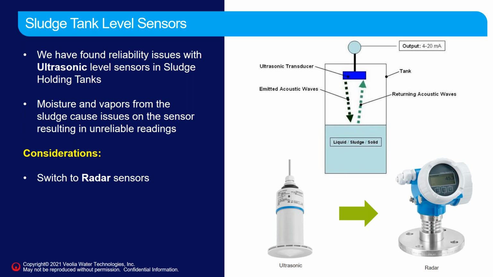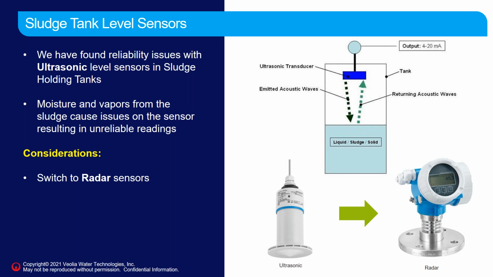Level sensors, so sludge tank level sensors, we've seen a lot of problems with these, whereas we used to use ultrasonic a lot. And in sludge tanks, you have a kind of a hot fluid with moisture and vapors from the sludge. If you ever fill the sludge tank too high and you get solids on the sensor, both moisture and solids on that sensor can really disturb an ultrasonic reading and cause that to go crazy.